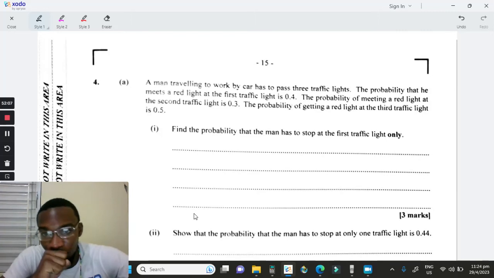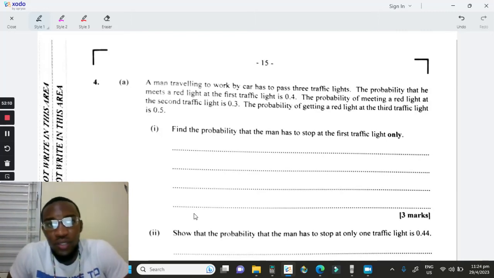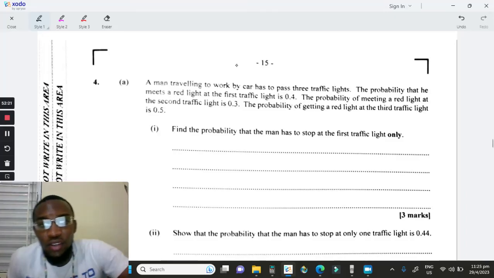Moving right along. Question 4. Question 4 now says a man traveling to work by car has to pass 3 traffic lights. The probability that he meets a red light at the first traffic light is 0.4. I love to do a tree diagram to show this. This is just me, you don't have to.